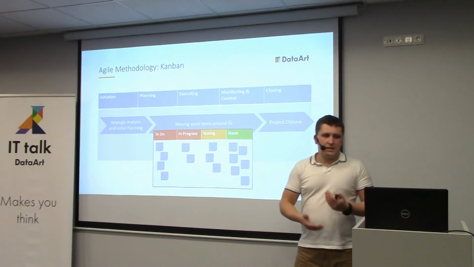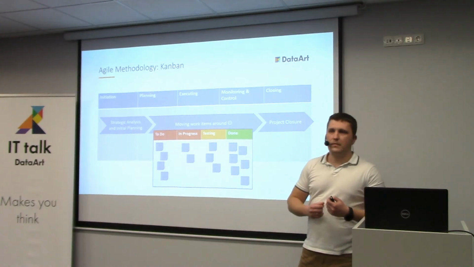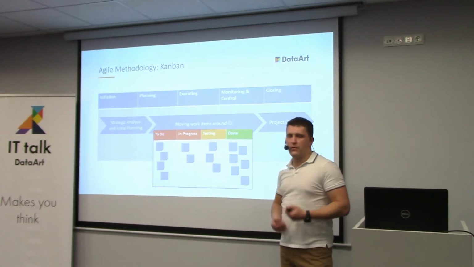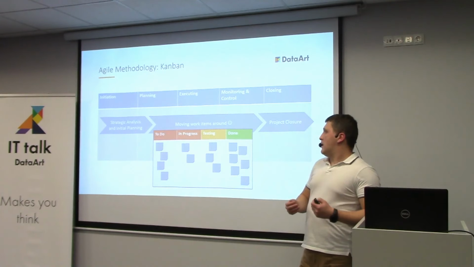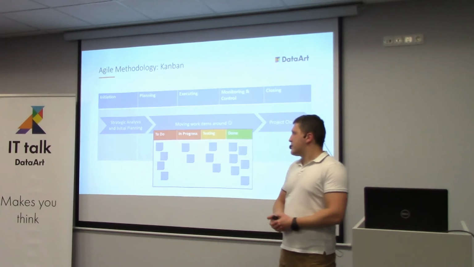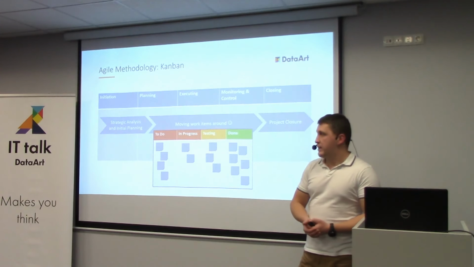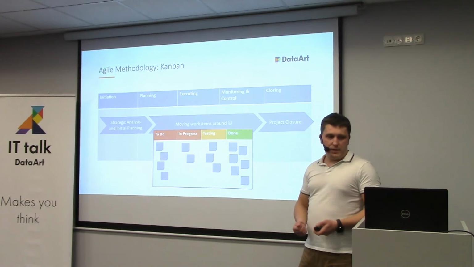And this leads to things sometimes being not synchronous. Well, they are not aligned with each other. So initially we can never say when the customer will see the ready product. Kanban just doesn't have these checkpoints.